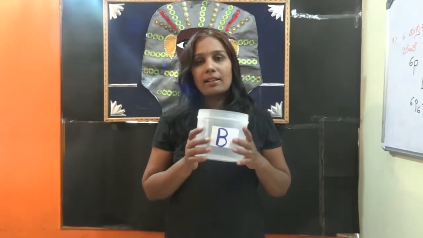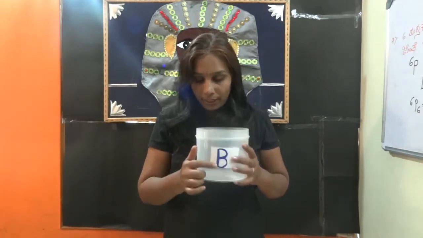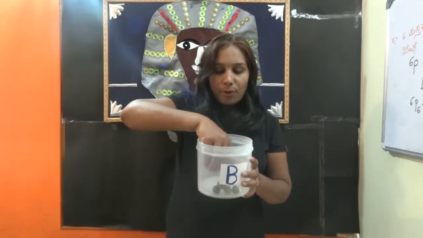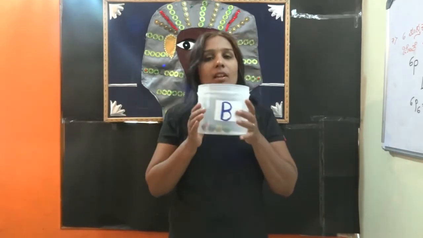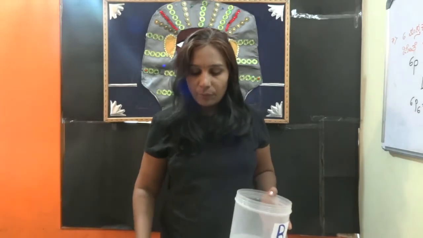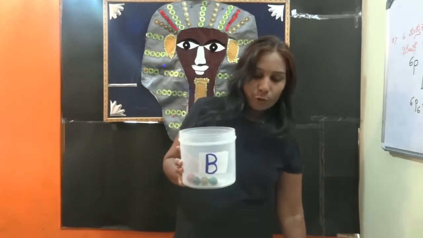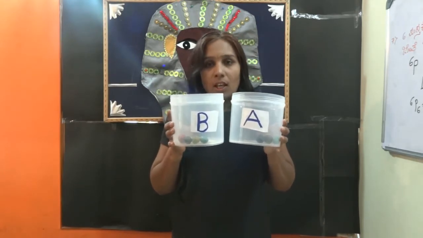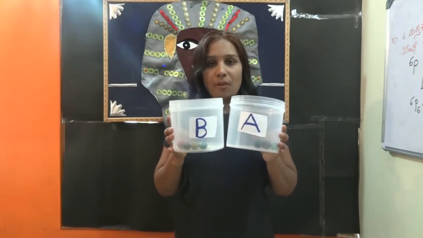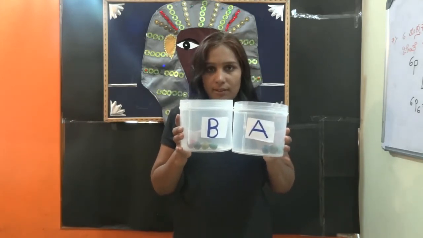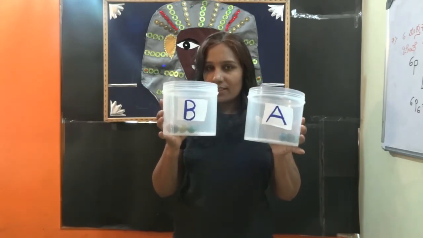Similarly, I'll construct set B by taking a few more elements from universal set U. Now we have constructed 2 sets, set A and set B. Now I'll show you how to perform the basic operation union on these 2 sets.